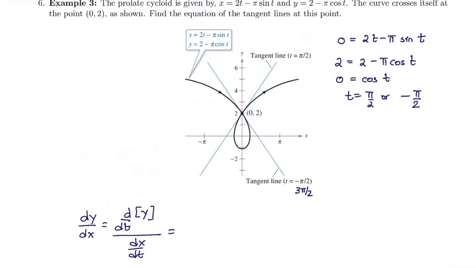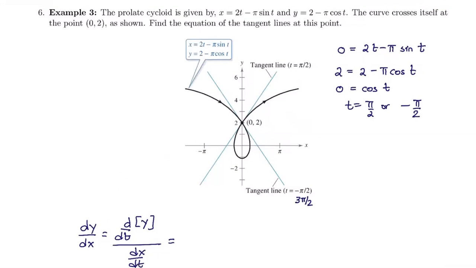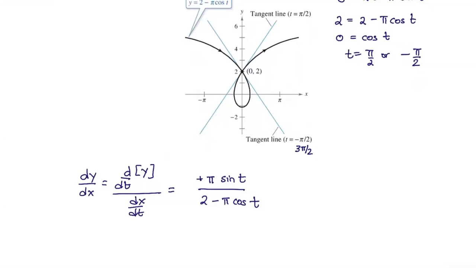If I do dy/dt, I'm going to end up with positive pi times the sine of t. And if I do dx/dt, I will end up with 2 minus pi the cosine of t. And the value of t that we're using is going to be one of the two.